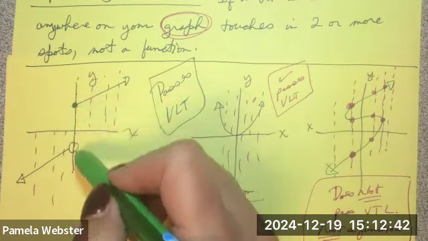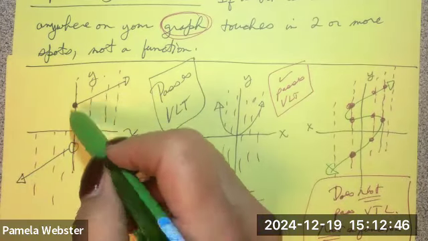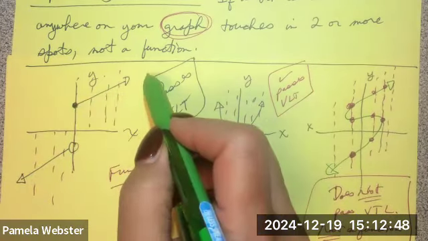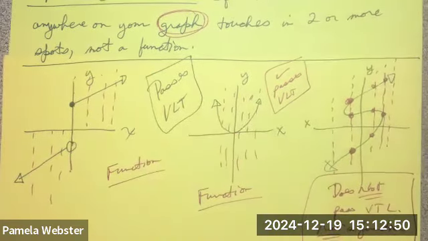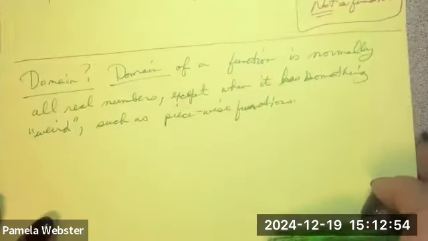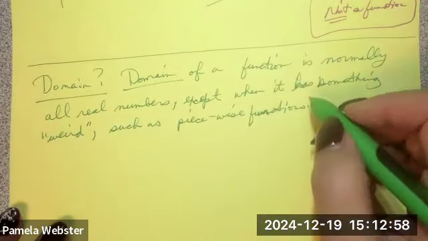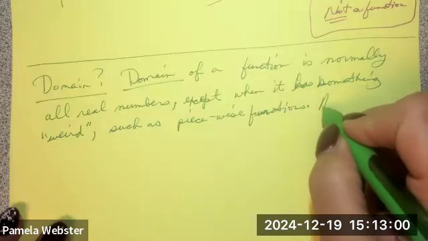It skips on the range, but the domain is actually okay because it goes all the way up to 0, and then it picks back up at 0 and goes all the way out. When I read these, I always read left to right. So that's what's going on with piecewise functions.